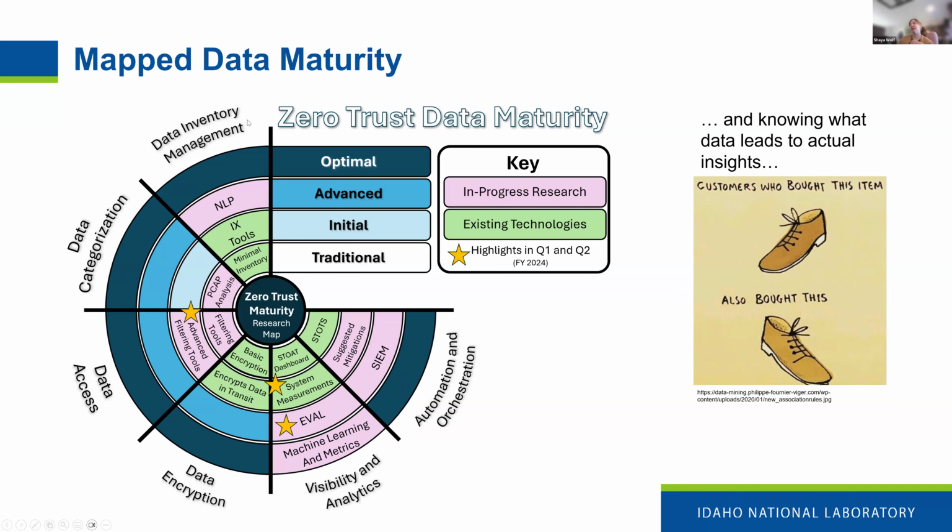There's a lot of different things in here, but like I said, we really focus on the visibility of the system, and if we reach optimal in any of these areas, I hope it's visibility and analytics. This eval tool is something that we highlighted for the first and second quarter of this year.